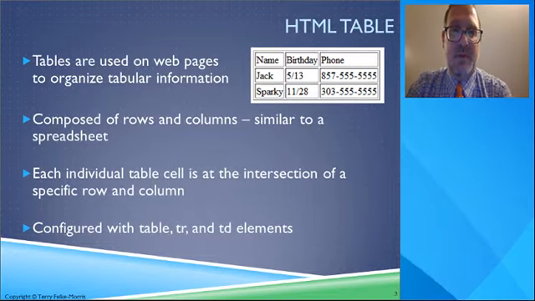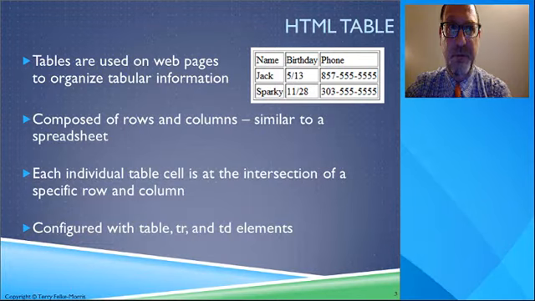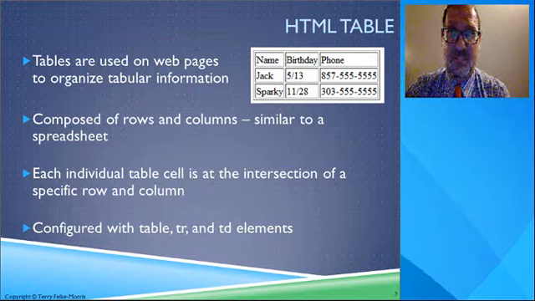So tables can be used in a lot of different ways, and it used to be, before CSS was really popular, that we would use tables. Actually, before div and span really got used well, we'd use tables for placement in web pages, to organize a web page and design it and do everything in tables so that you have a lot more control.